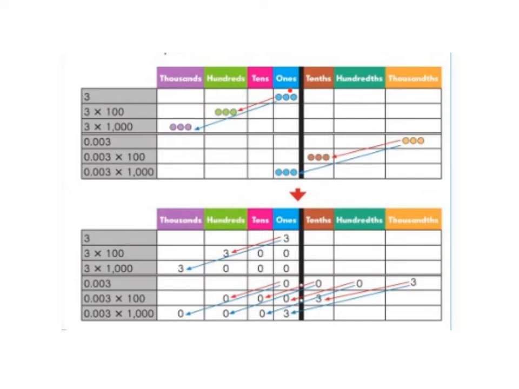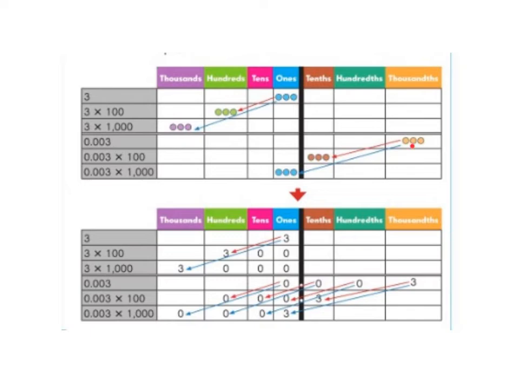If we were to multiply 3 by 1000, we would shift our ones over 3 places to the left, so our ones would move over to the thousands place. Likewise, if we were to multiply 3 thousandths times 100, we would take our 3 thousandths and move it over 2 places to the left, so our thousandths would move over to the tenths place, so we would have 3 tenths.